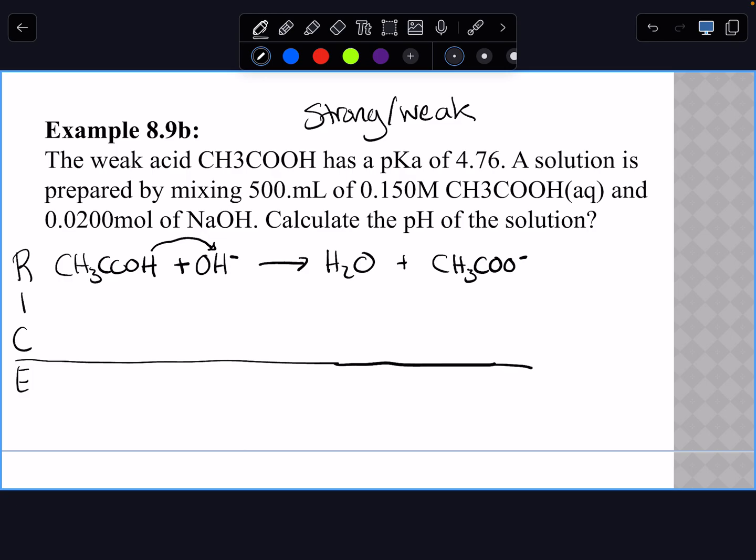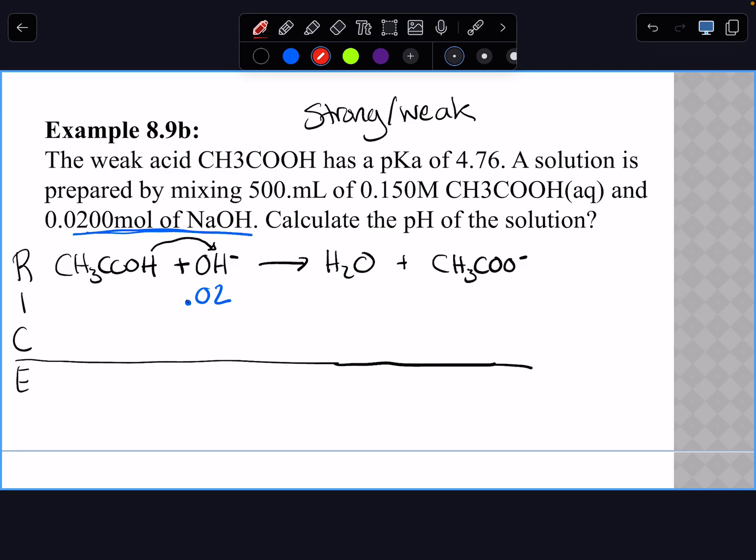So one of them I can plug straight in. I know I have 0.02 moles of that, because that was just given in my problem. But what do I know about my acid? It's in molarity and volume, so we've got to convert to moles.